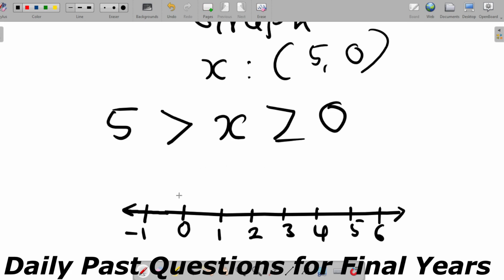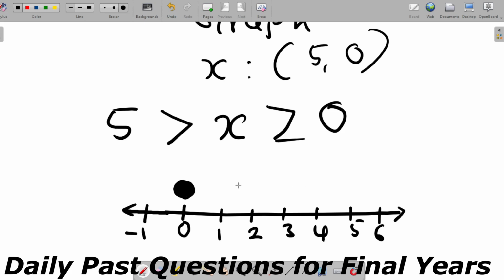So we stand on that 0, then you draw a closed circle. You use a closed circle because it is telling us that this very number is included in the element of x. Then you extend it to the number 5 on the number line here.